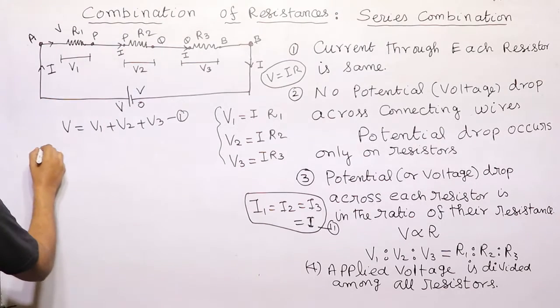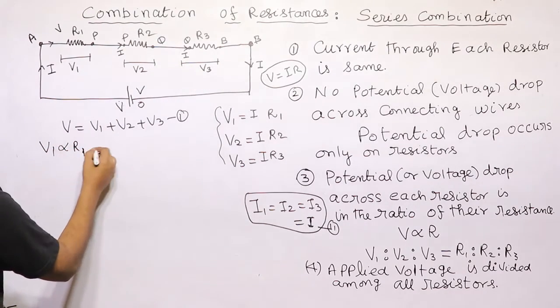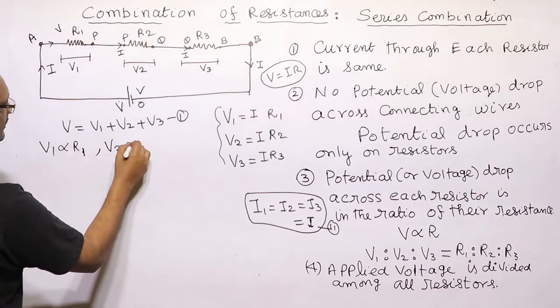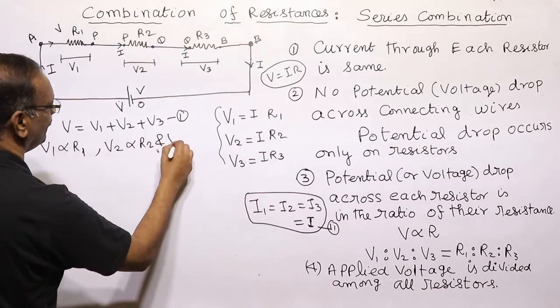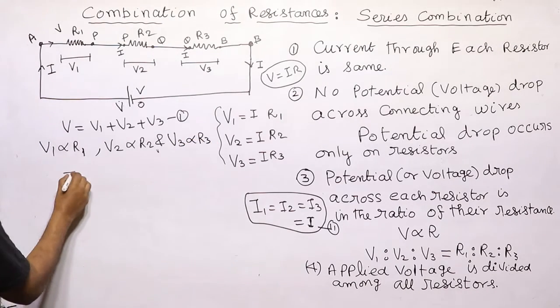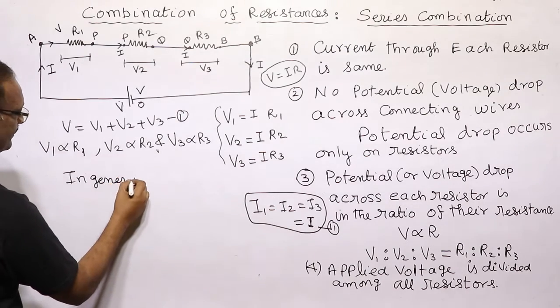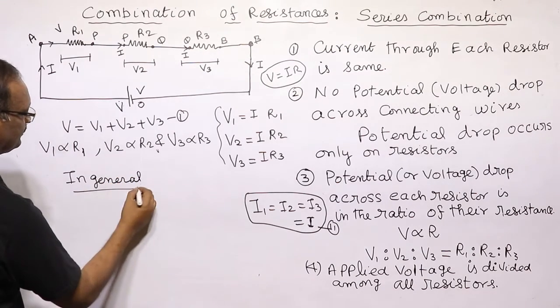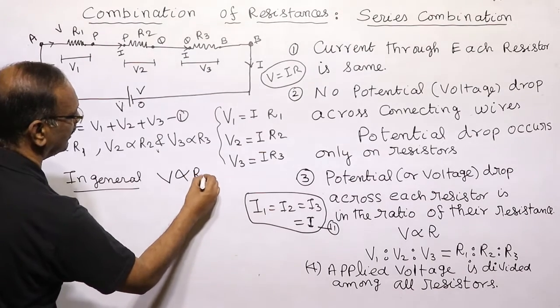It means we can say V1 is proportional to R1, V2 is proportional to R2, and V3 is proportional to R3 in general. Potential is directly proportional to R.